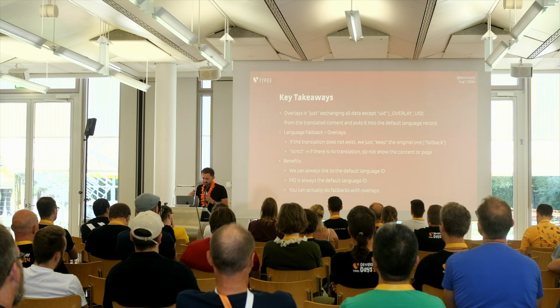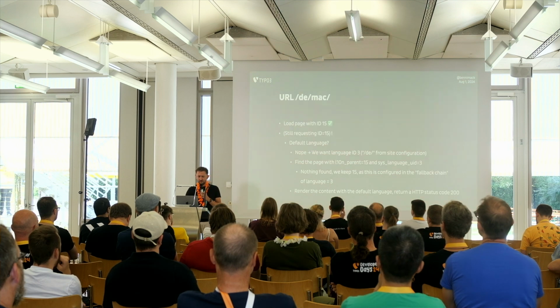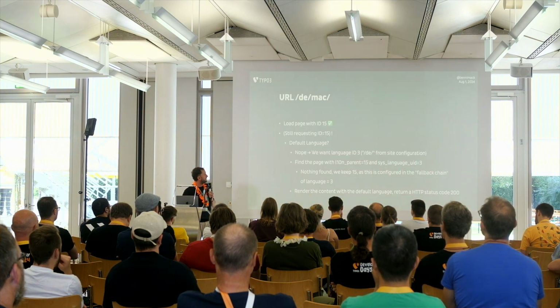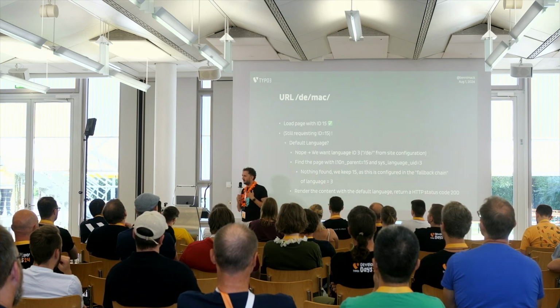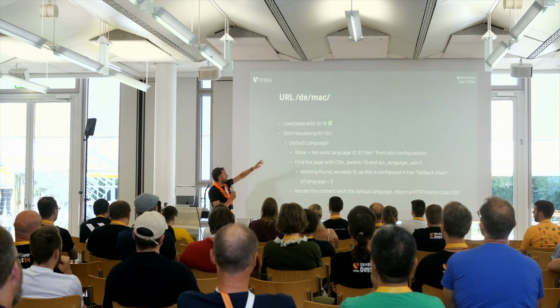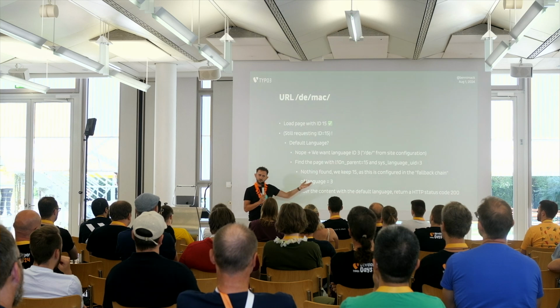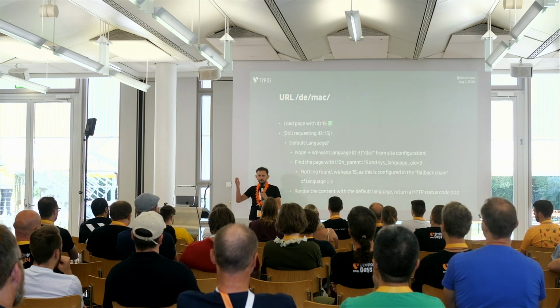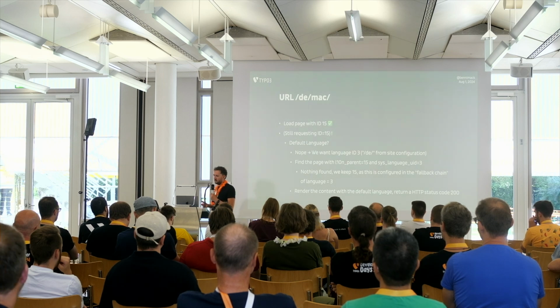So in case you didn't get this, which is okay, we always take the default language. What would happen if we would take the ID 16 right away? Because if we don't have the translation, how will we know that we want to do a fallback? We need to know the default language and then do the overlays in order to achieve what people consider a fallback.